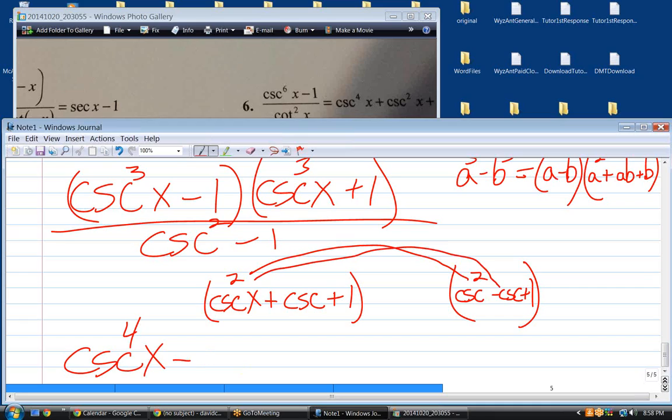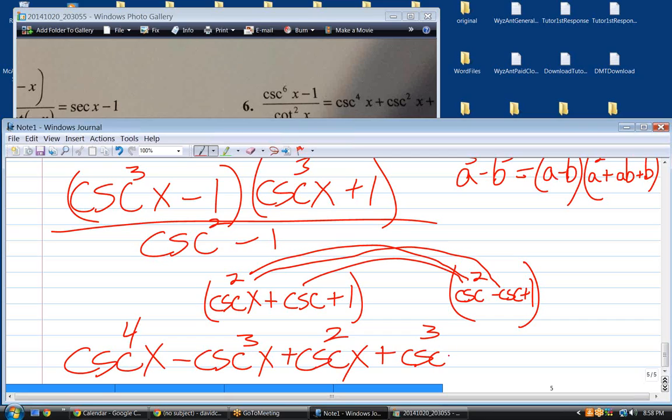So minus cosecant third x. And then do the final one plus cosecant squared x. And now do this times that plus cosecant third x. This times that is minus cosecant squared x and plus a cosecant.